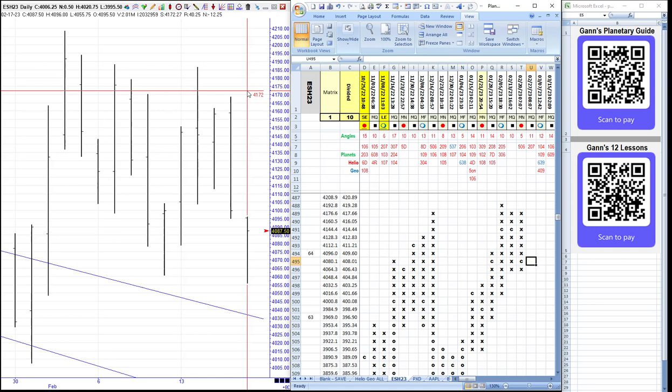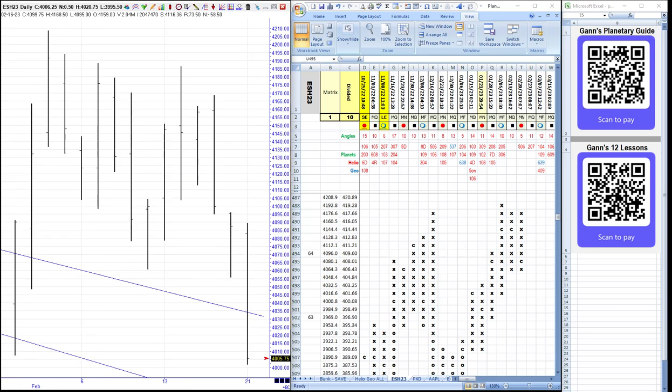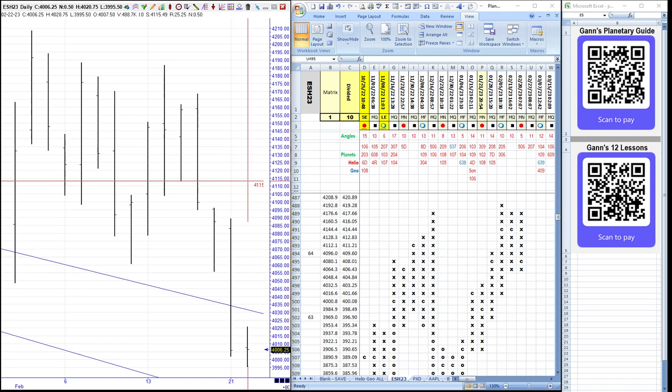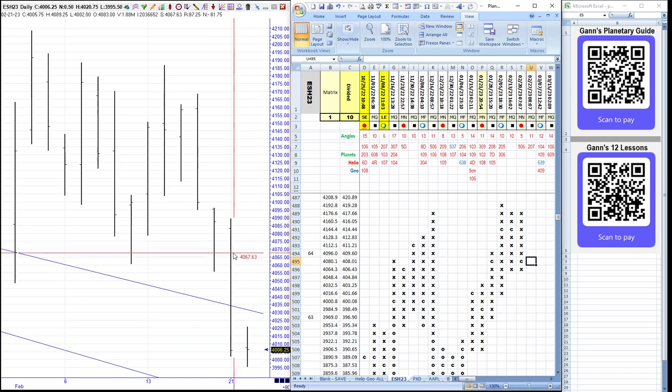Now this is into the current. This is the 22nd, and this is today's trade. So far it's about 9 in the morning. So again, that was the 20th.